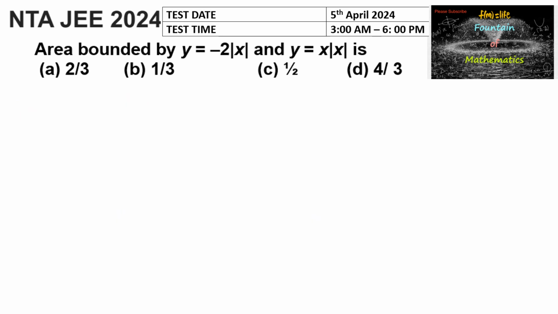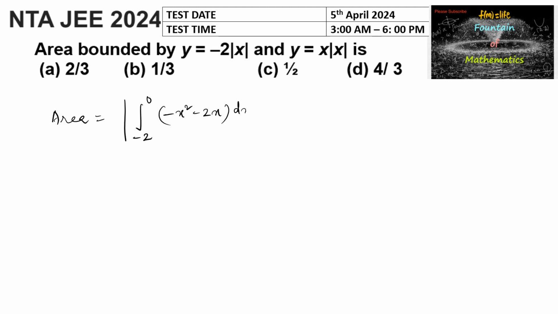Since the area is obtained below the x-axis, we can consider the area as the mod of the integral from minus 2 to 0 of minus x square minus 2x dx.